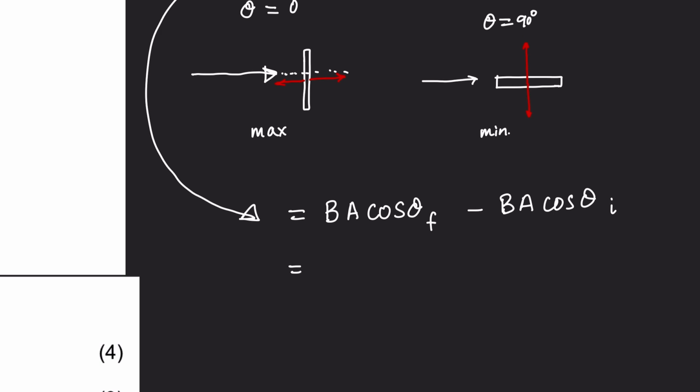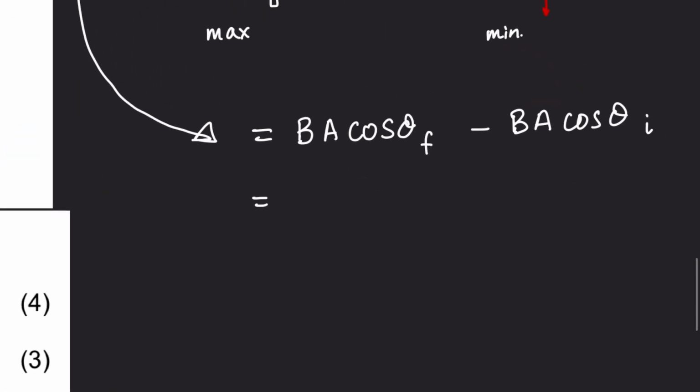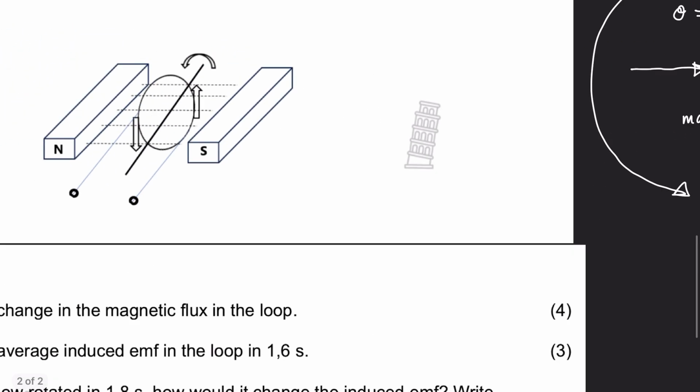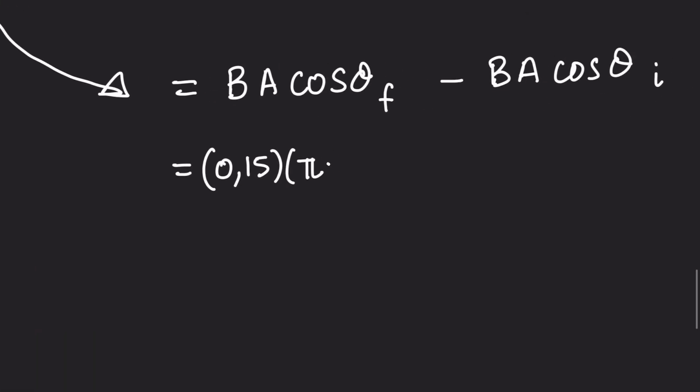Now, we know the strength of the magnetic field. They tell us it's 0.15. And then the area they tell us is pi r squared. If the diameter is 0.6, that means the radius is 0.3. So 0.3 squared. And now we're going to have cos of 90 degrees.